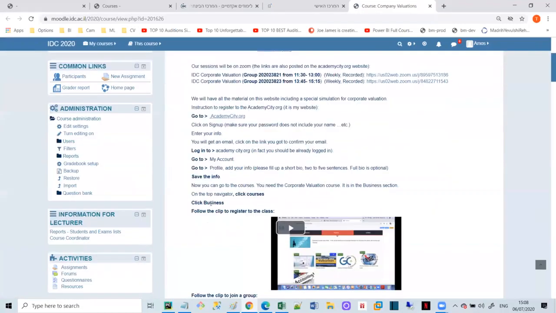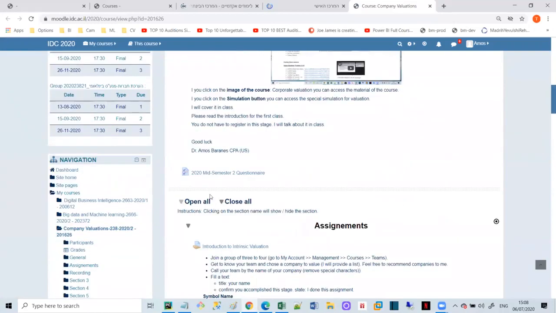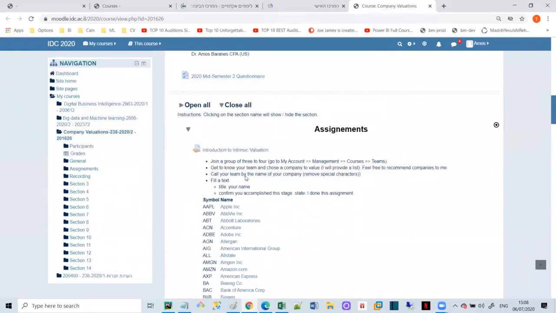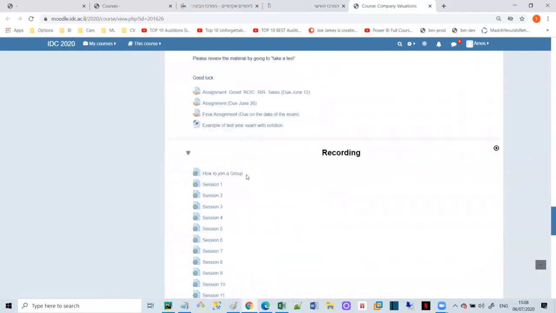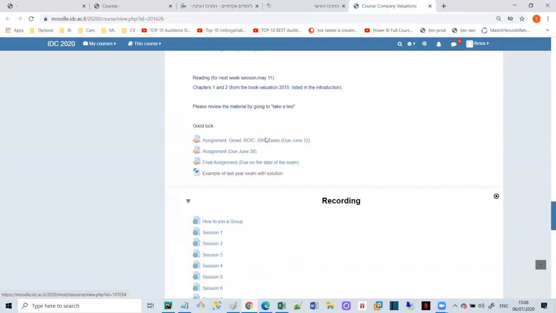Where did I put it? Maybe in the bottom? Nope. Introductions, maybe in the bottom here. An example of last year's exam with solution. You see that? Usually I put it on the top. I don't know why I put it here. No problem.